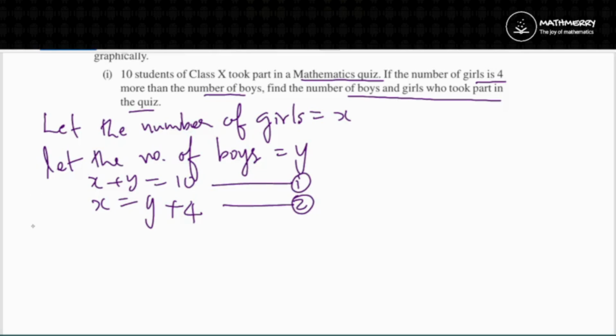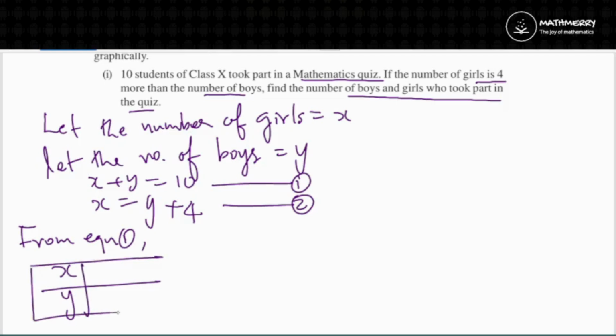So from the first equation, what are our x and y? We can take some points. When we take x as 0, y will be 10, but let's just take something smaller.